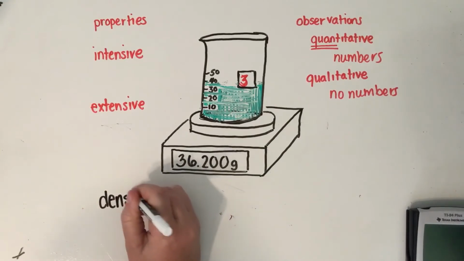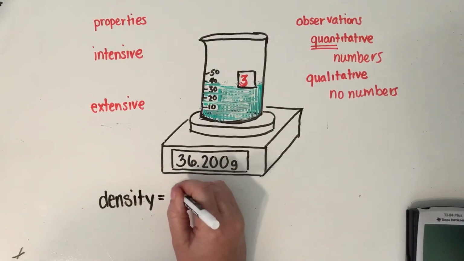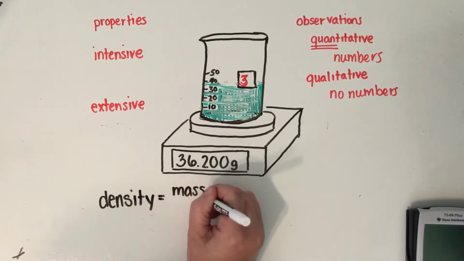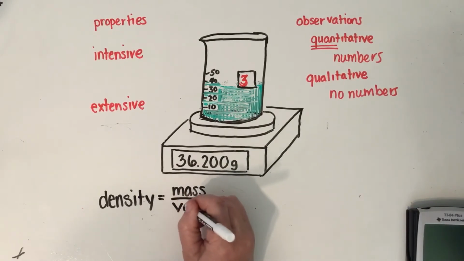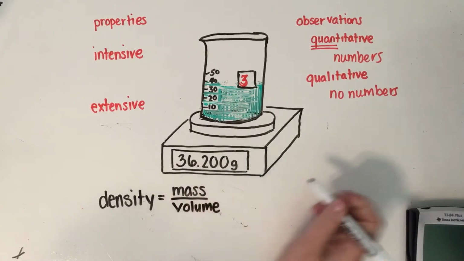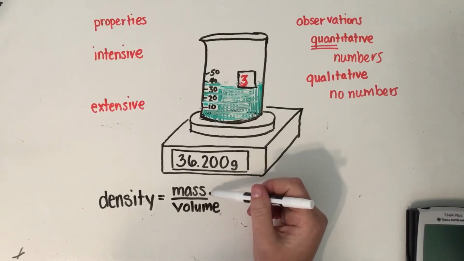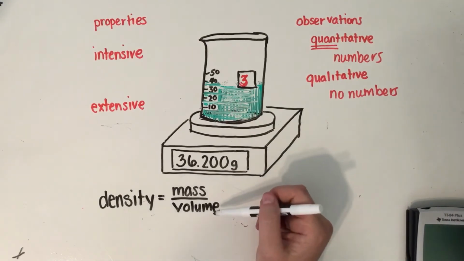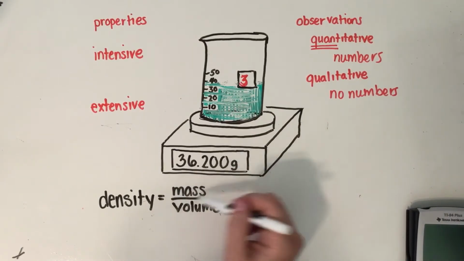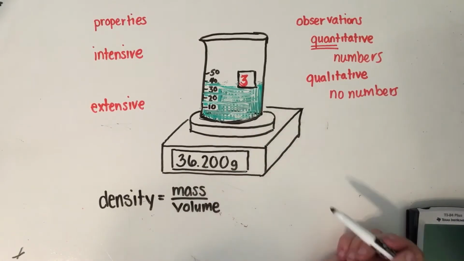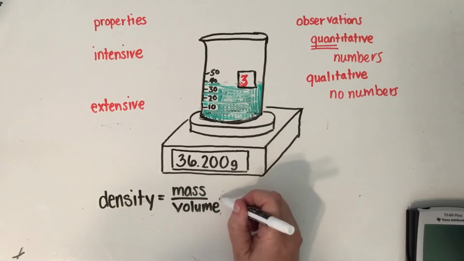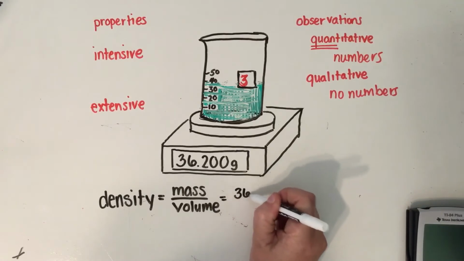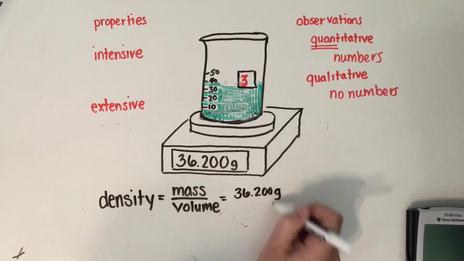Density is a property that we're going to be using in our first big lab. So it's really important that you understand what density is. Density is a property that describes the amount or mass of substance per unit volume. If we look at the mass and the volume of our sample here, the mass of our sample is 36.200 grams.